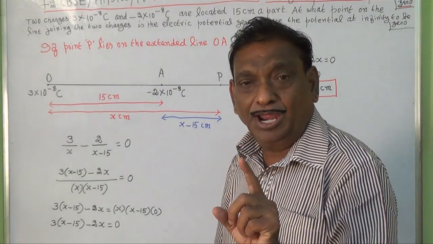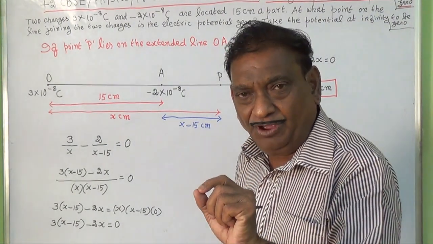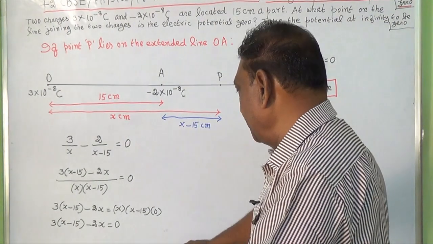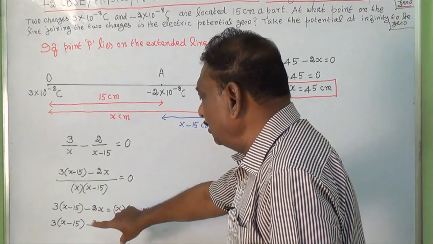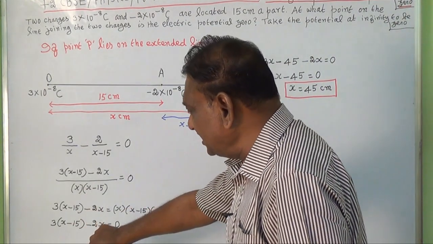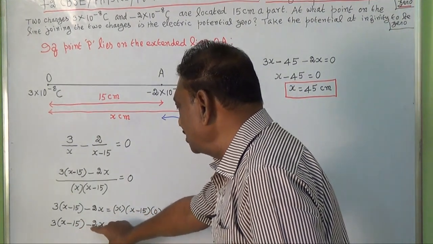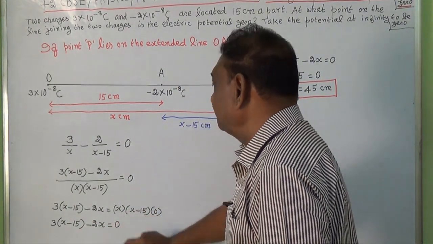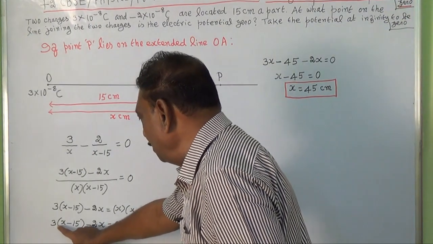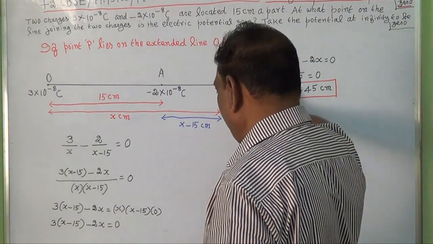Any data multiplied by 0 will become 0. So the equation now becomes 3 into x minus 15 minus 2x equal to 0. If we multiply 3 into x, we will get 3x.